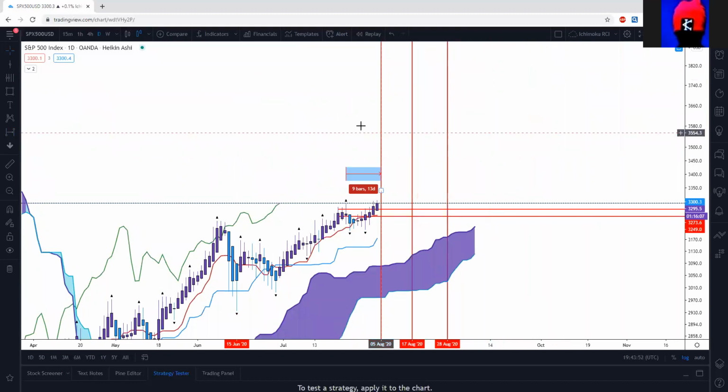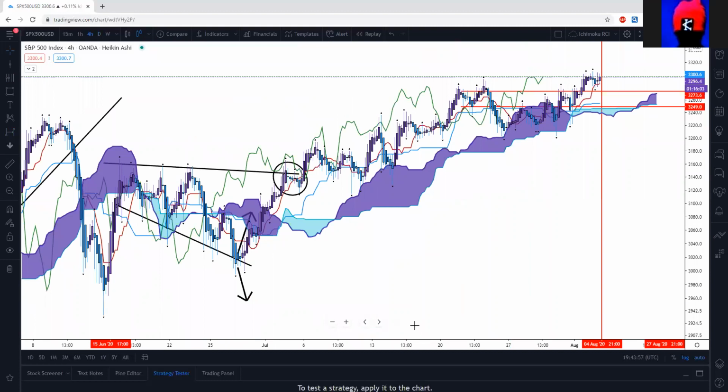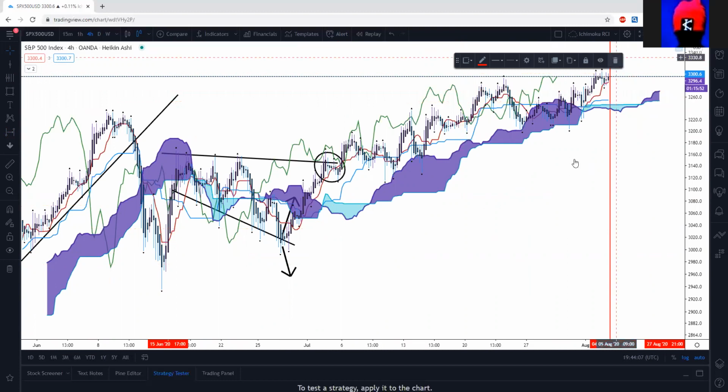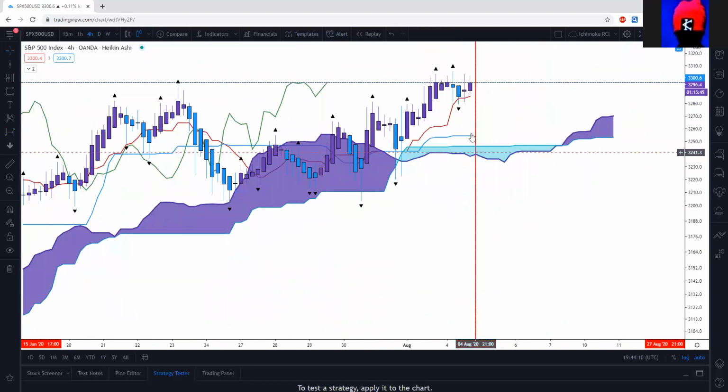So what you're gonna do, you're gonna go to the 4 hour time frame and see how market's moving here. Right. You see that market's been moving up. It's showing some signs of weakness. Only reason why, if you look at the Kijun, what's going on with the Kijun, Jacqueline?